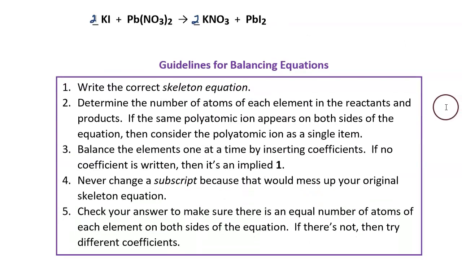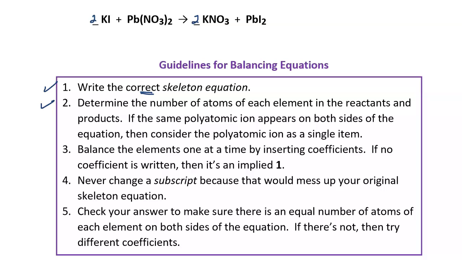Here are the guidelines that I was following when I balanced those equations. Number 1, write out a correct chemical equation. If you don't even get the right substances or the right formulas for the substances written, then there's no way you can balance it correctly. Number 2, determine the number of atoms of each element in the reactants and the products.